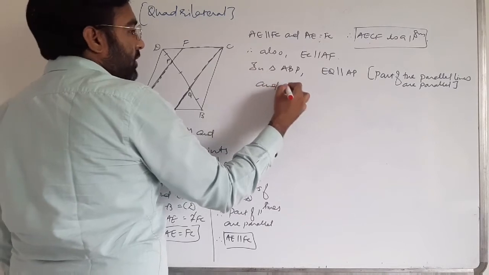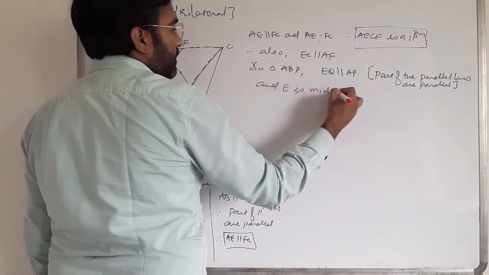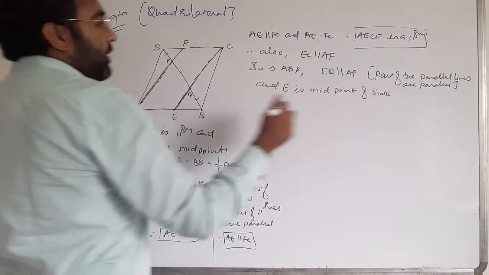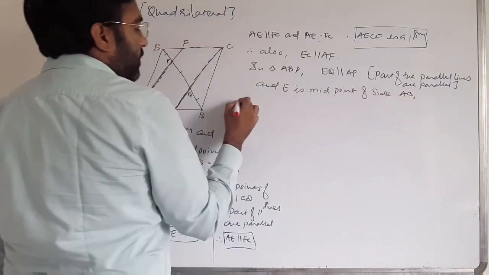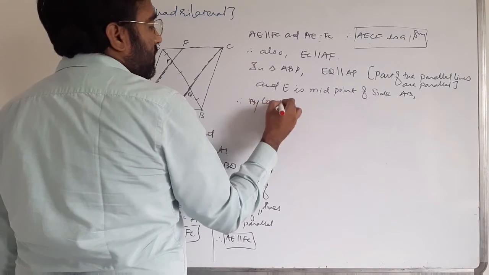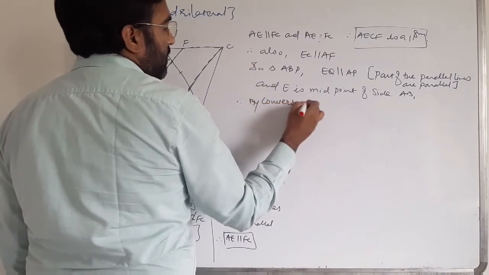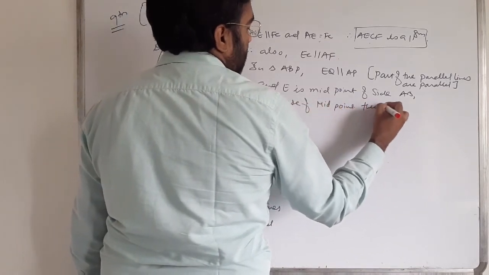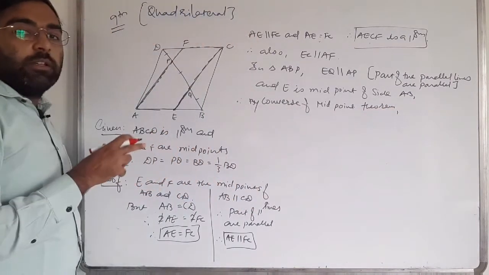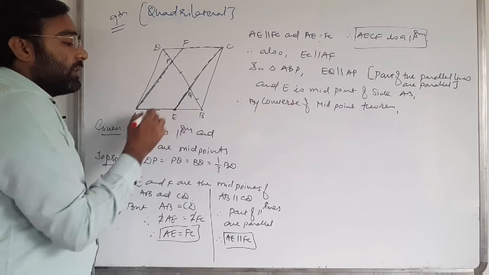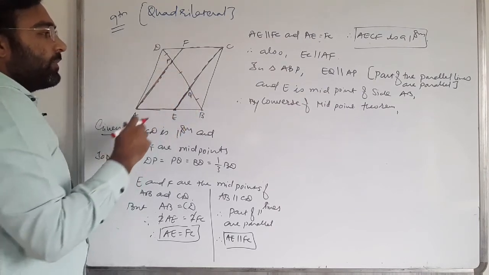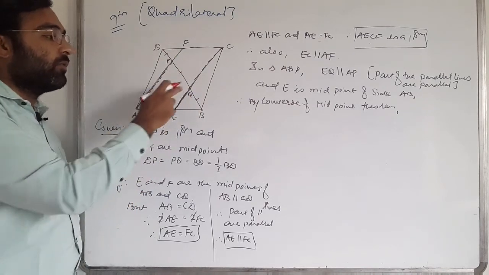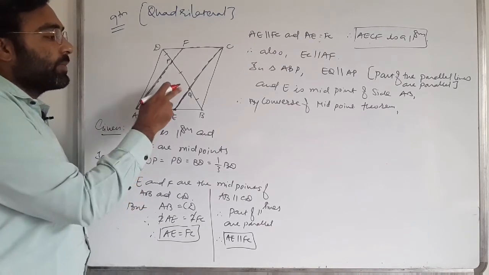In triangle ABP, EQ is parallel to AP, and E is a midpoint of side AB, therefore by converse of the midpoint theorem, if E is a midpoint and EQ is parallel to AP, then the point where it intersects the other side is also the midpoint of that corresponding side.